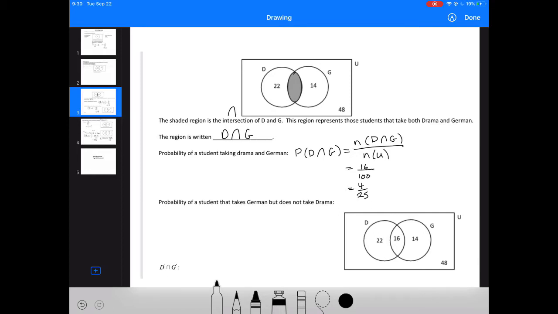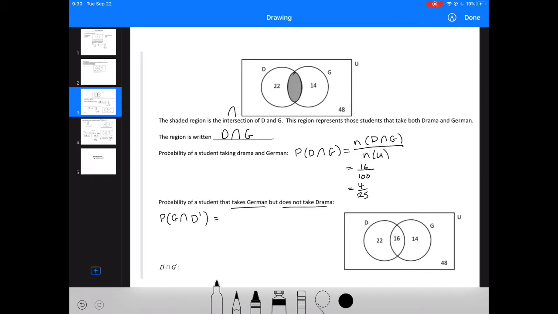Another set notation that we're going to look at is how to write the probability of a student that takes German but does not take drama. So we would say the probability of a student that takes German, that's the G set, and does not take drama. That would be the complement of the drama set.